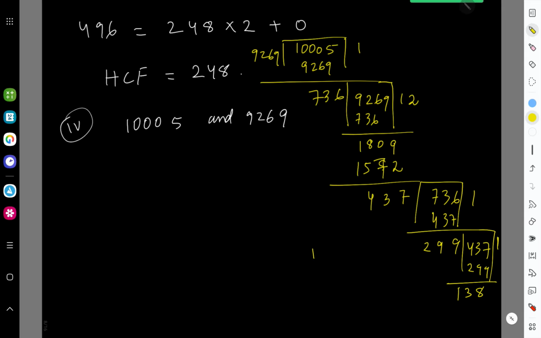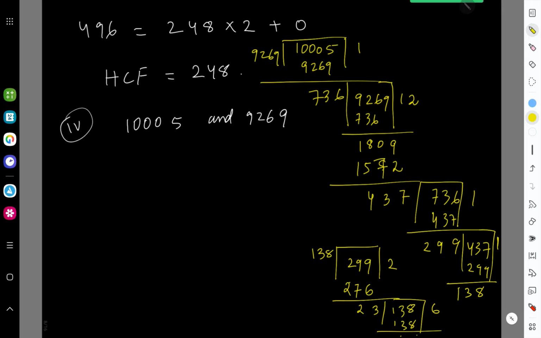I'll continue over here. Then 299 will be our new dividend. 138 times 2, it will be 6, 7 and 2. Our remainder will be 23. Then 138 will be our new dividend, and we know that 23 times 6 is 138. Here our process has come to end since we have got 0 as the remainder.